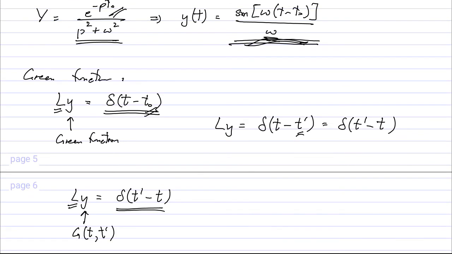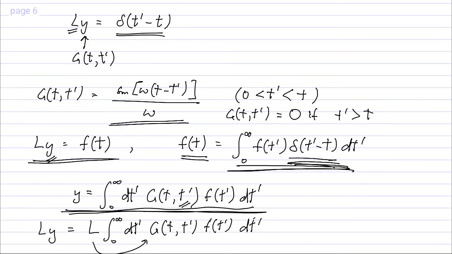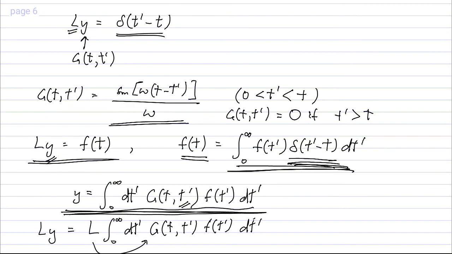So you have to be a bit careful when you apply this, because when you are going to do this integral, you need to have this Green function defined for different values of t prime. So this integral, rather than going from 0 to infinity, is only going to be in this case from 0 to t, because only from 0 to t is this thing non-zero. If t prime is bigger than t, then this thing becomes 0.